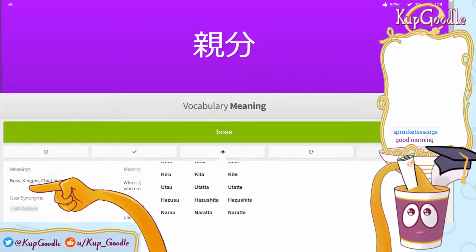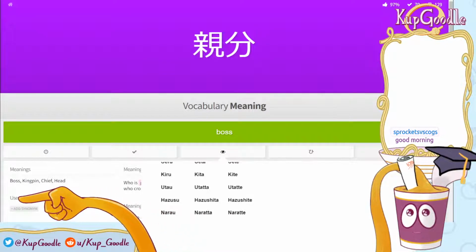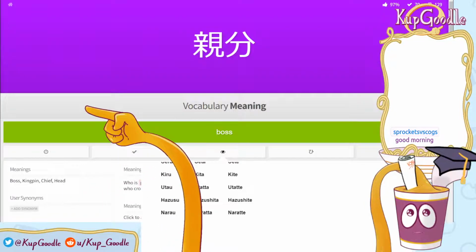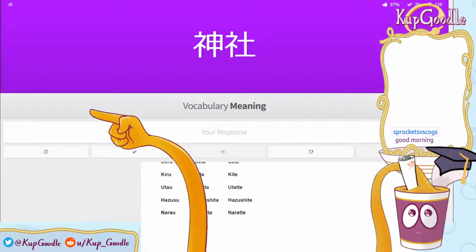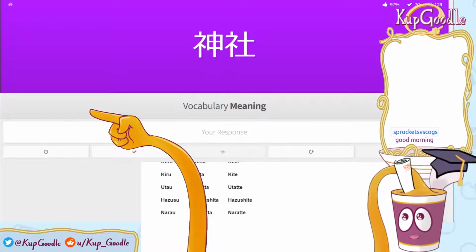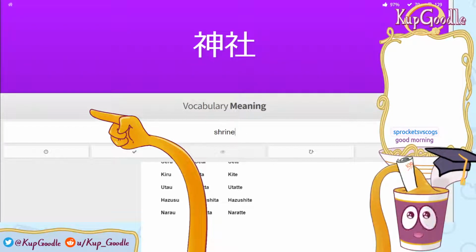It says kingpin, chief, head. I don't remember those words being there before. I just remember boss being in there. Did they update that?